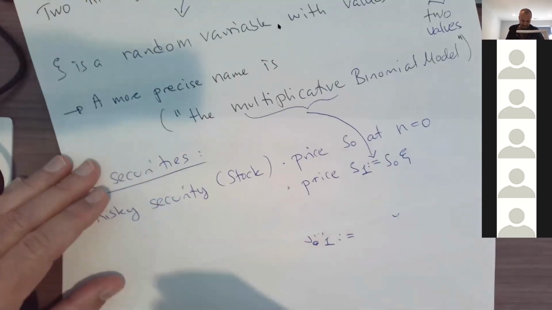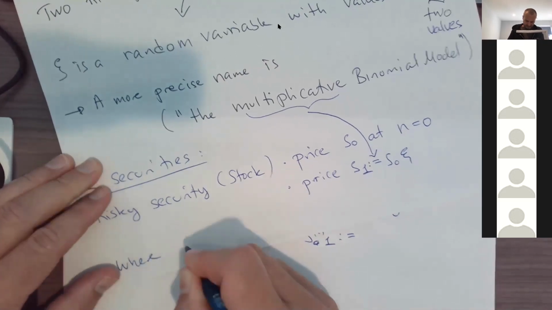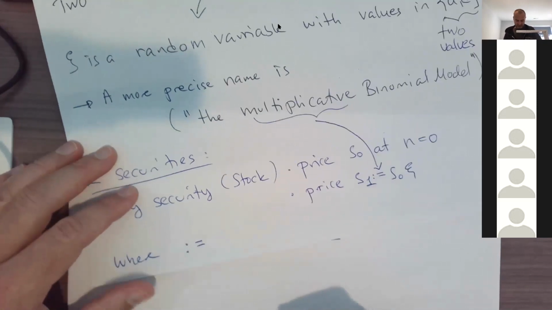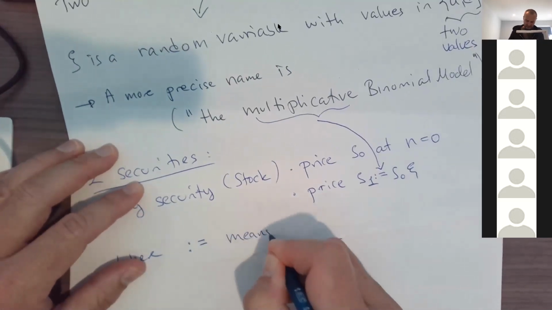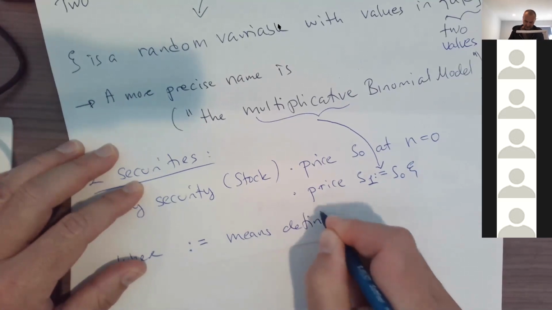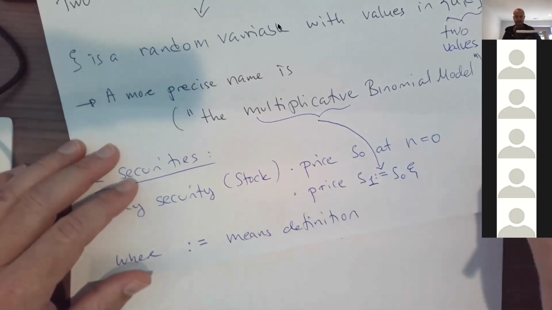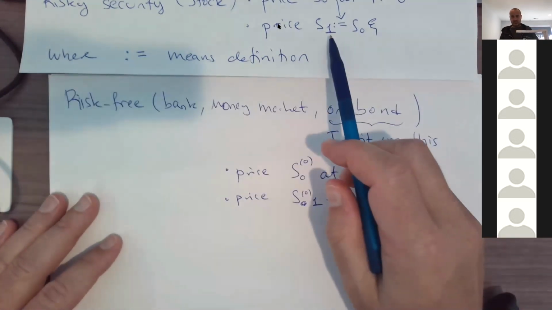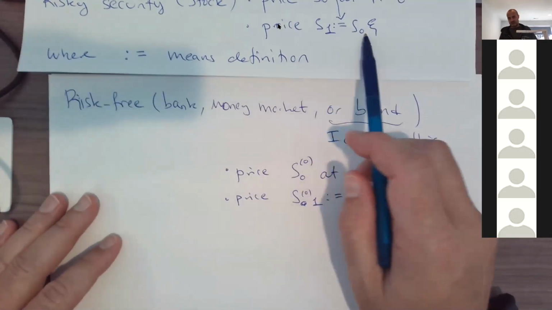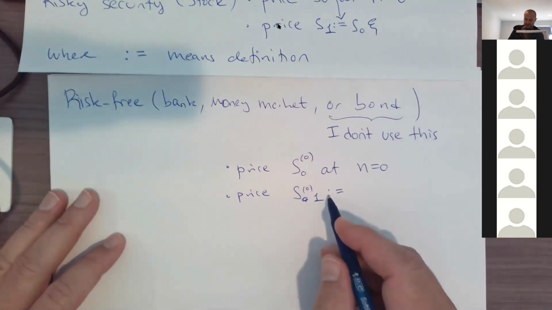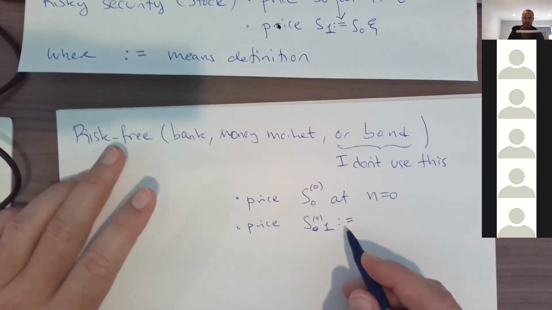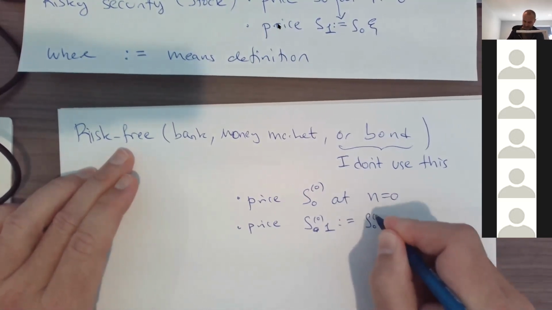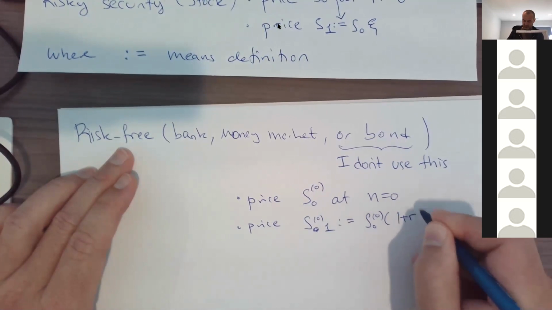This symbol, those of you that have done programming know it all too well. This here means definition. So I'm defining the binomial stock price by the given formula, and the same thing here. The formula is a bit different. It's called risk-free because there's no randomness here. This is the previous one times 1 plus R.